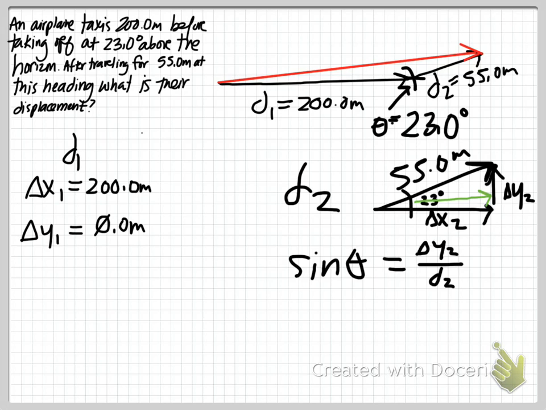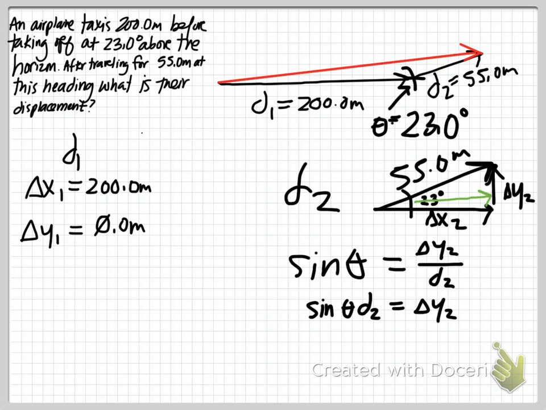Does that make sense? We're going to practice another one of these together. Well, then I can solve for this because I know that the sine of theta times D2 is going to give me delta y2. So now I have that piece.